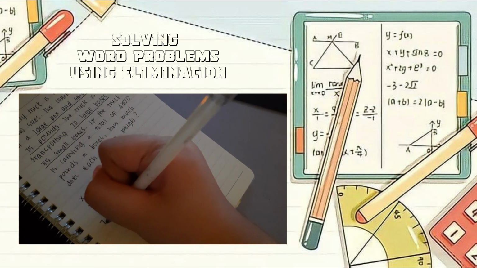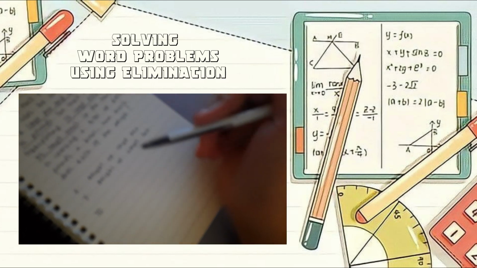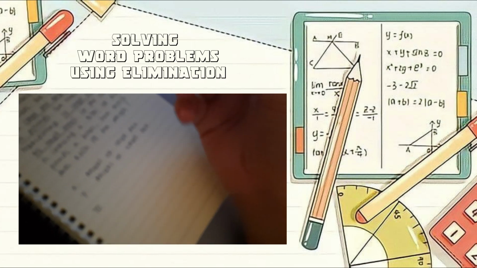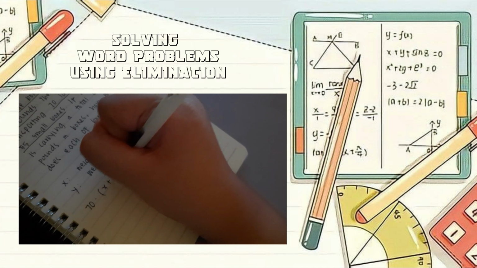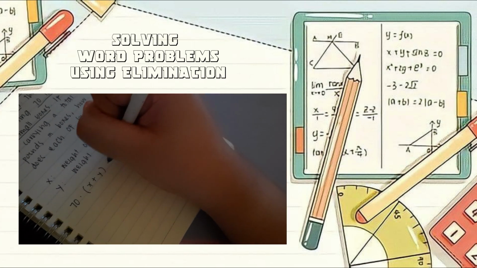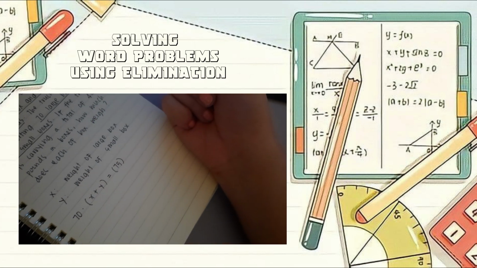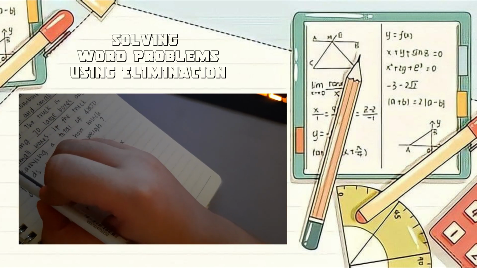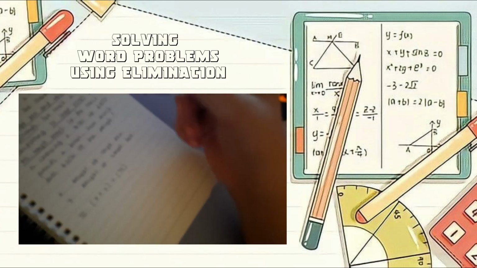So una ilalagay natin is yung 70, which is yung 70 large boxes. And then x plus y plus 75, which is ito, combined weight ng large and small box.